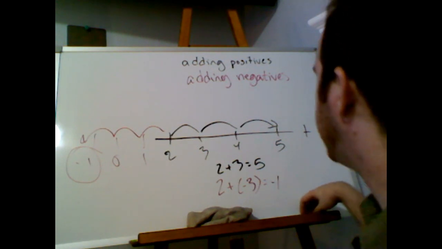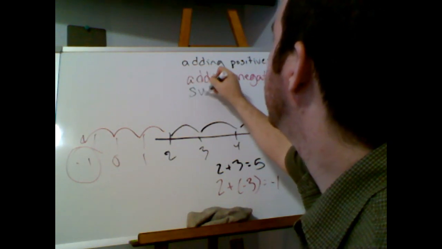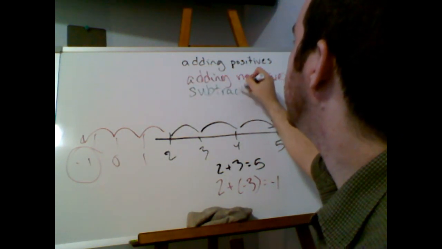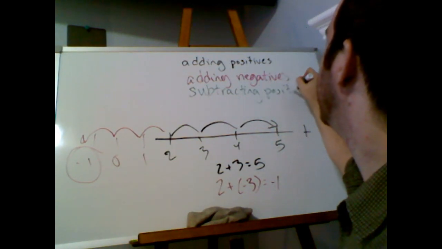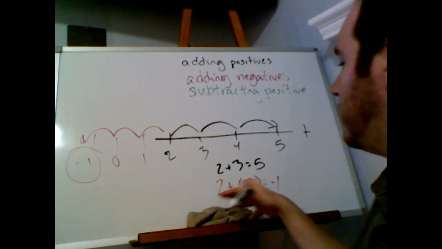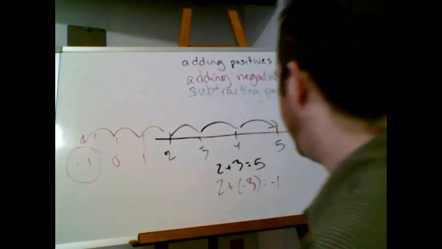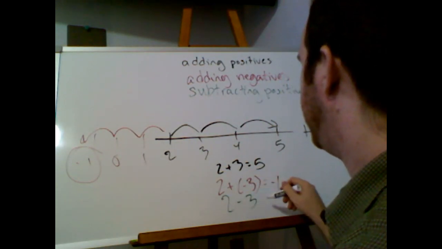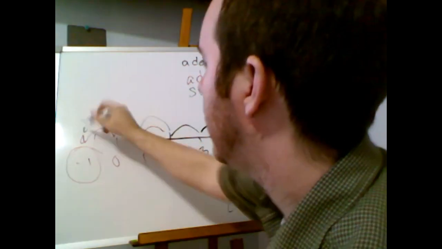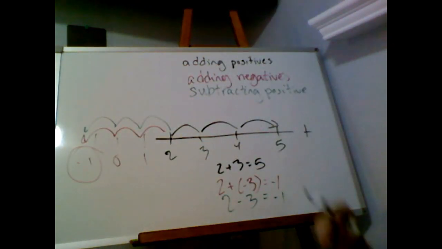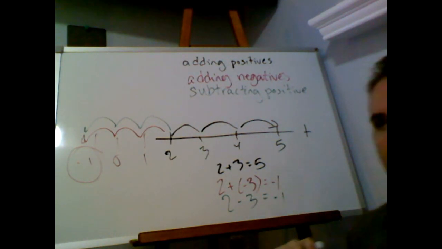So if we do subtraction, and let's say we subtract a positive, I want you to understand that 2 plus negative 3 can be thought of the same way as 2 minus 3, which is also negative 1, which gives me the same result. So 2 plus negative 3 equals negative 1, and 2 minus 3 equals negative 1.